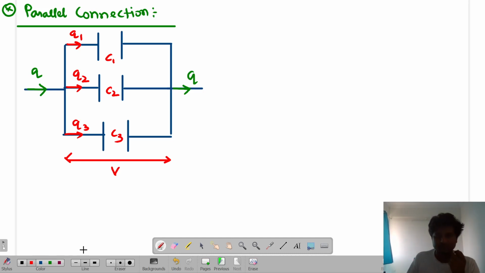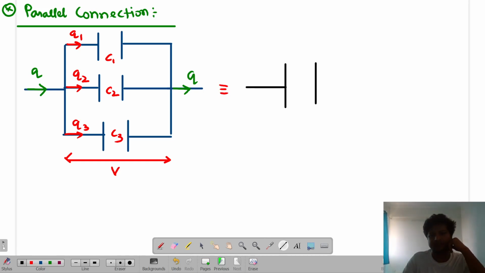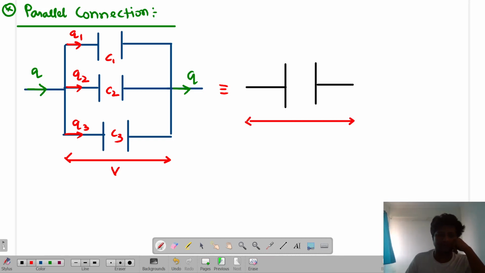Then we will get my equivalent capacitance, which will have the net potential V and net capacitance C equivalent, such that the charge Q is moving through it. Are you able to get me?